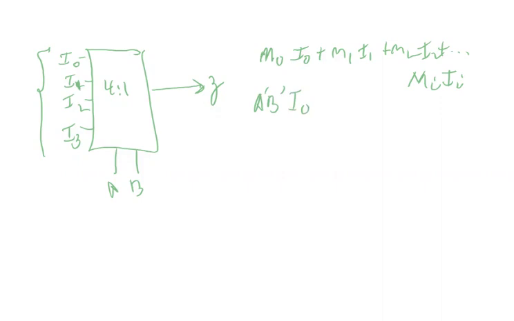And M1 is going to be, because you've got 00, 01, 10, and then 11, A' B I1 plus A B' I2 plus ... until we get to A B I3.